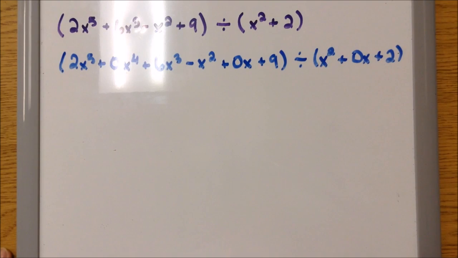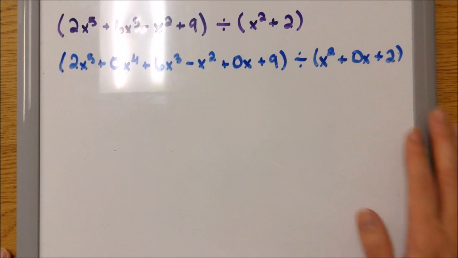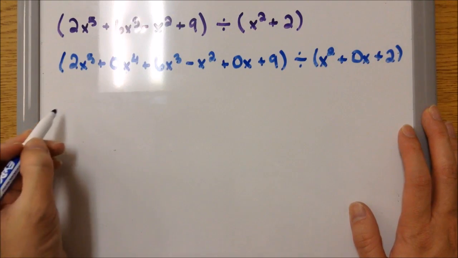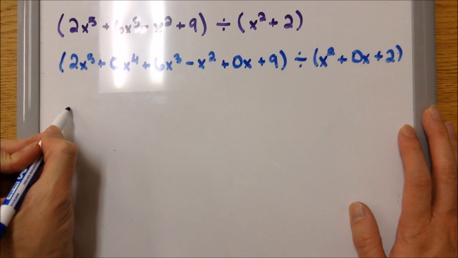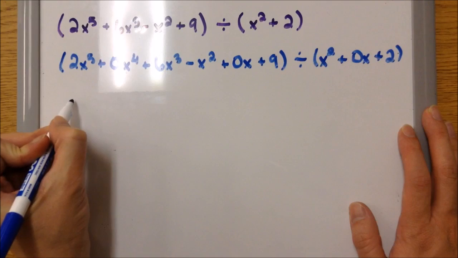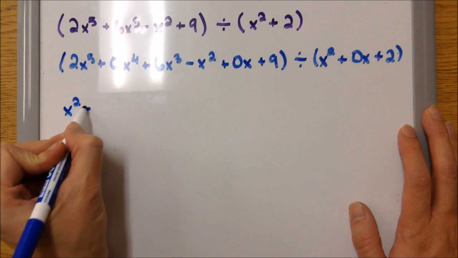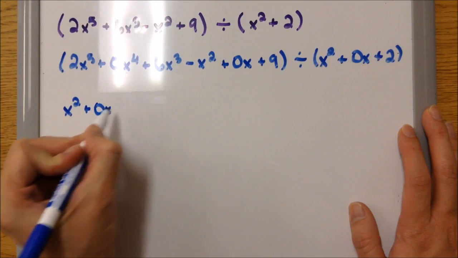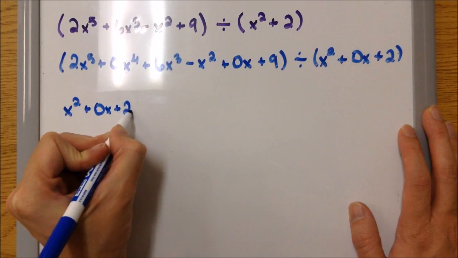Once we fill in our missing terms, we're going to set it up. So our divisor will be right here: x squared plus 0x plus 2.